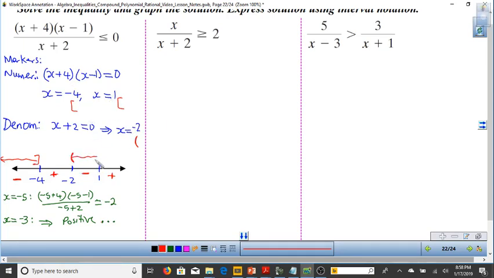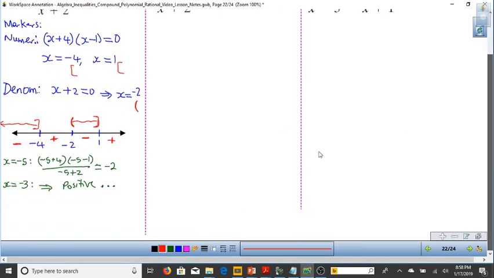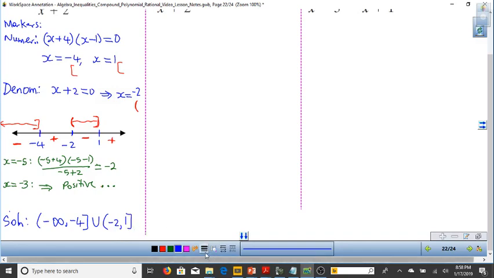And then 1 has brackets, so we'll put a bracket there. So my number line has my answers there. So the solution from the number line is negative infinity to negative 4 bracket, union, negative 2 to 1 bracket, and that's my solution.